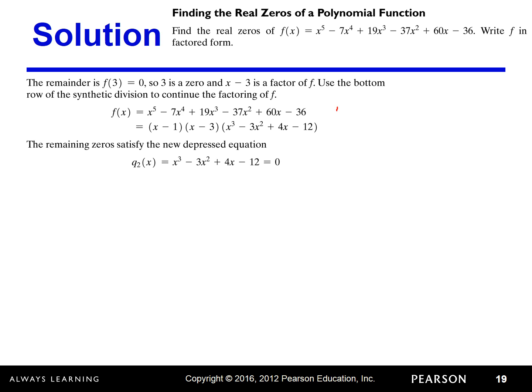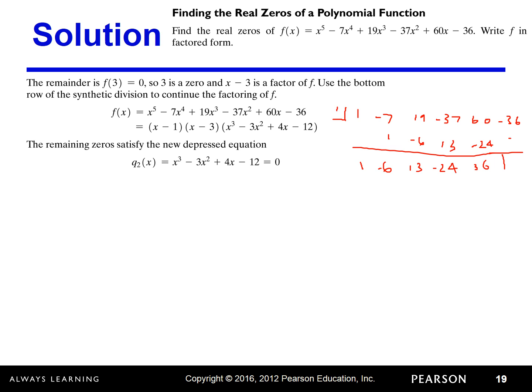1 into 1, negative 7, 19, negative 37, 60, negative 36. Bring down the first thing. Multiply and add.